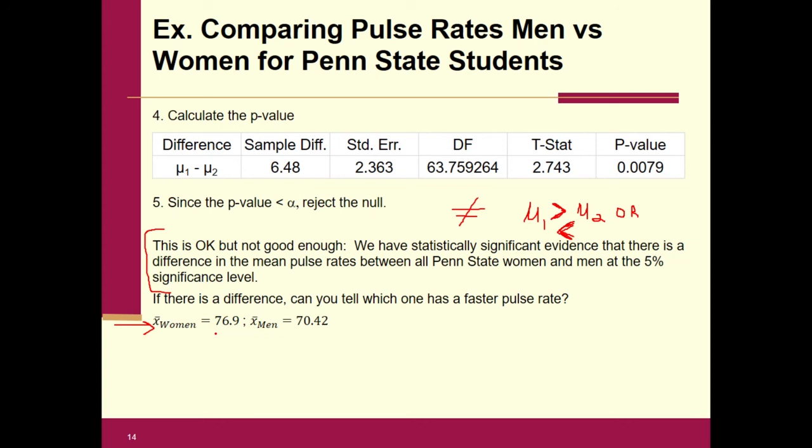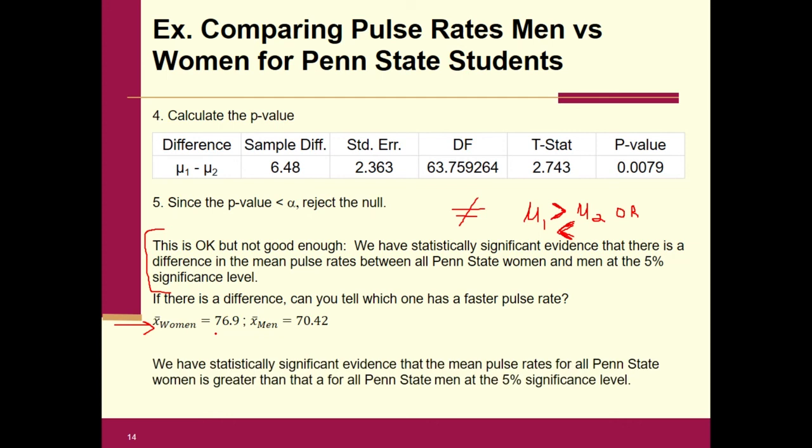So clearly, it's telling us that the female pulse rate is greater than the male pulse rate. The other thing you could think through was that the test stat was positive. The x bar 1 minus x bar 2 was positive. That tells us that mu1 is greater than mu2.